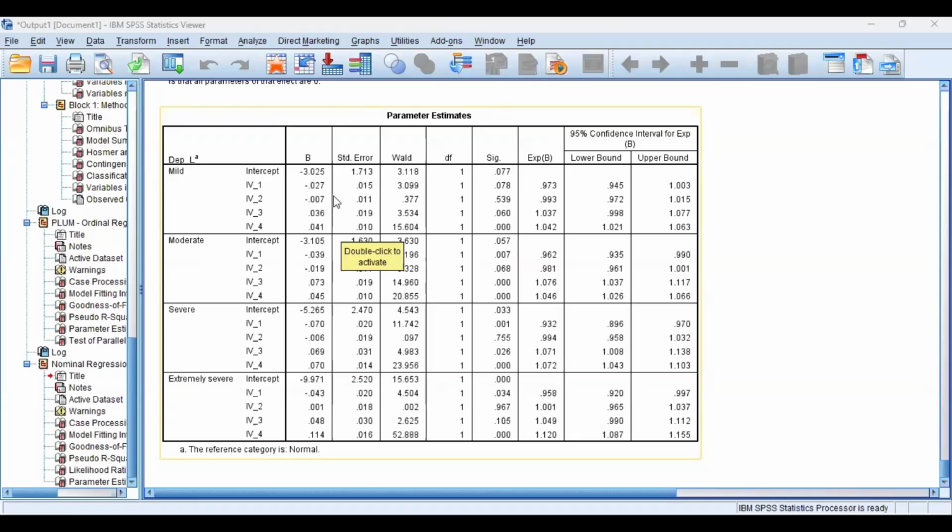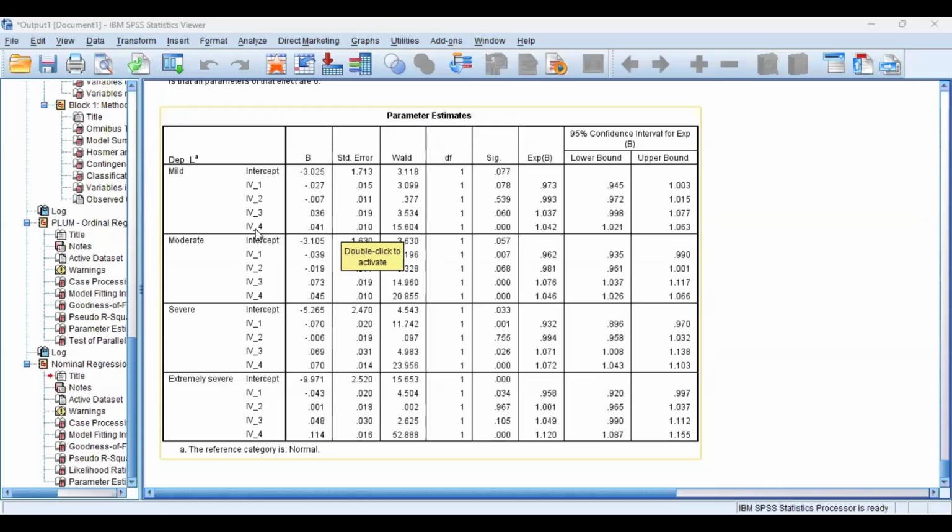For example, we have a significant result for IV4 in mild. How do we interpret that? You see that it's a positive effect first, because the odds ratio is above 1. The regression coefficient is positive and also significant. So what does it mean?